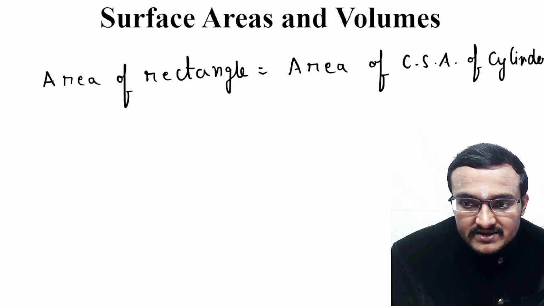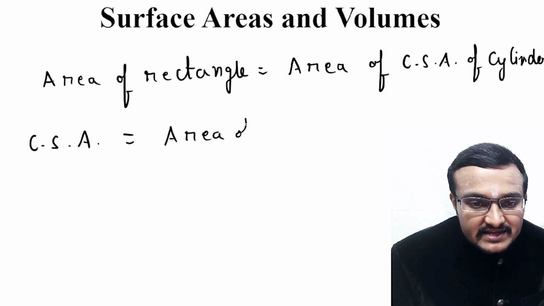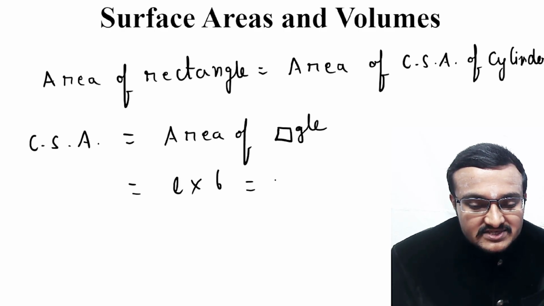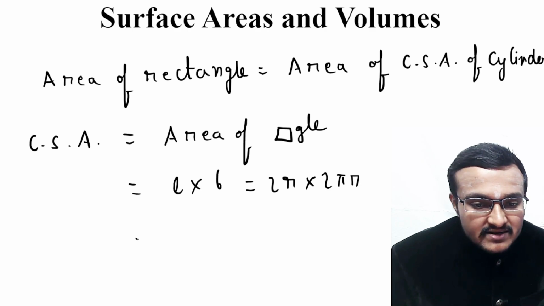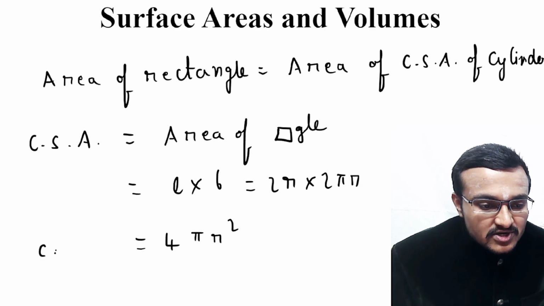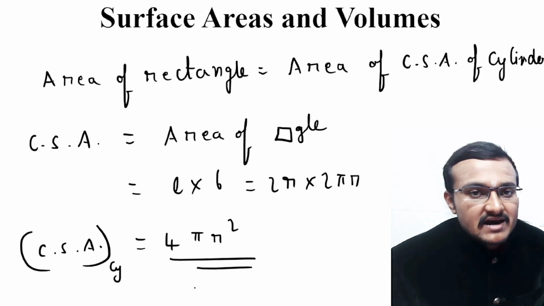So that means the CSA is nothing but the area of the rectangle, and the area of the rectangle is length into breadth, which is equal to 2r into 2 pi r. So 2 2s are 4 pi r square. So the curved surface area of the cylinder is equal to 4 pi r square.